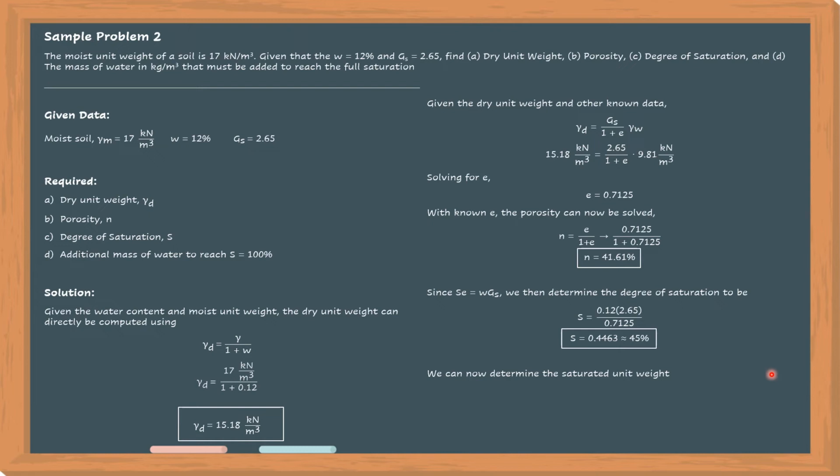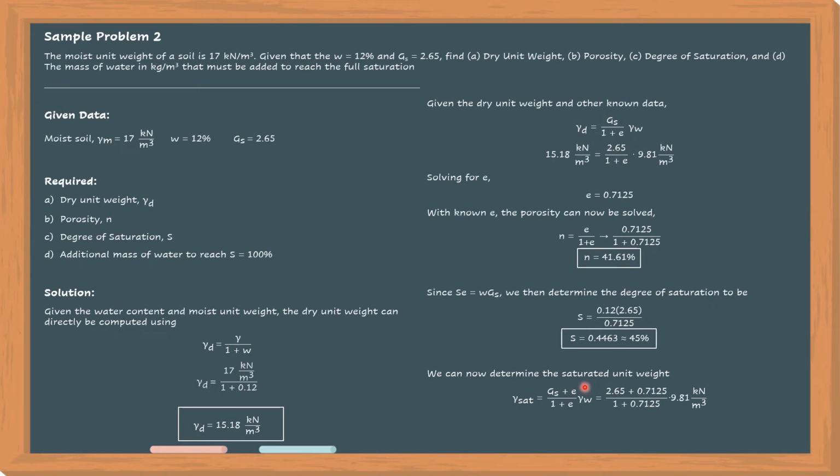We can now determine the saturated unit weight once the degree of saturation, the void ratio, and other parameters are known. So the saturated unit weight is equal to G sub S plus SE over 1 plus E times gamma of water. So yung S natin dito is equal to 1 because we are trying to solve for the saturated unit weight, not the moist unit weight.